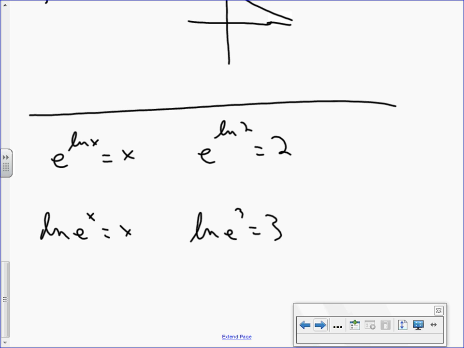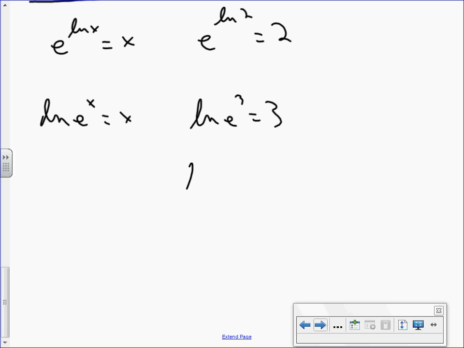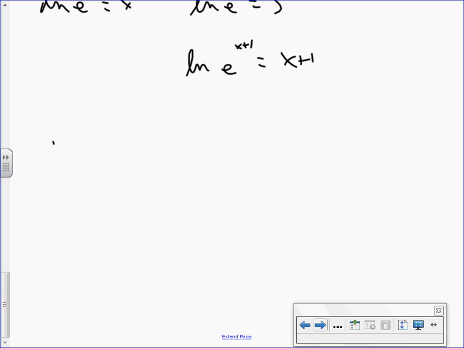Being able to recognize that is going to make life easier for you. One more of these: if I say the ln of e to the x plus 1, then what's that going to be? x plus 1.